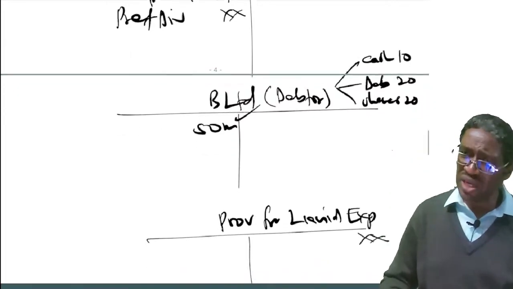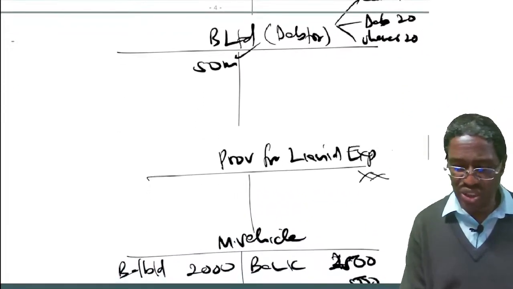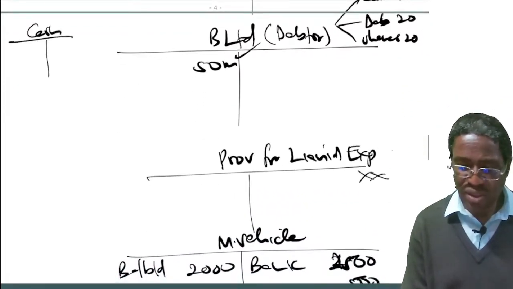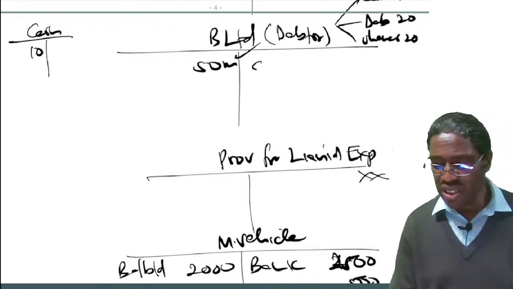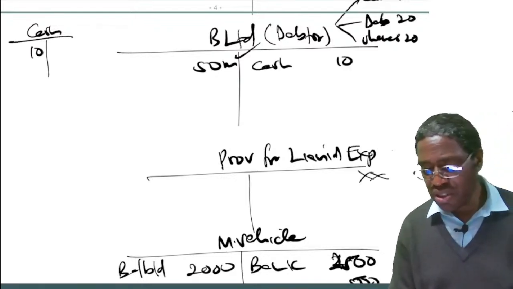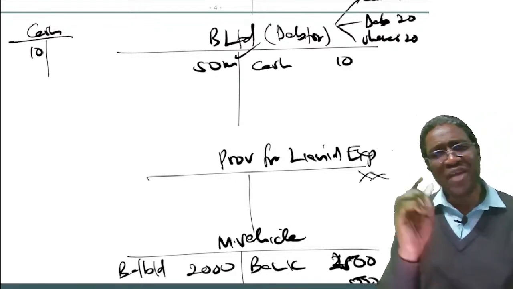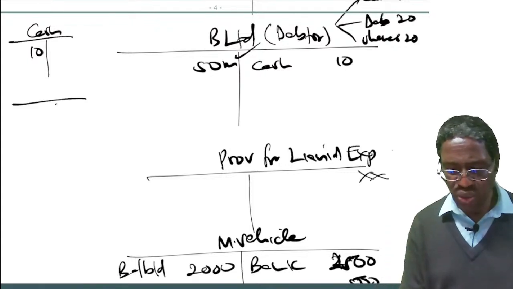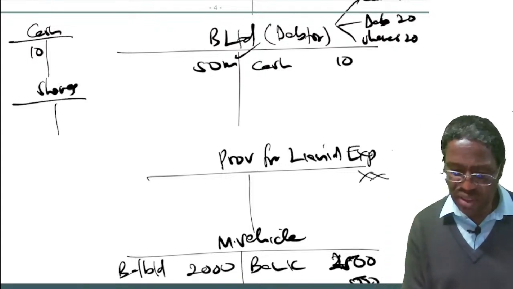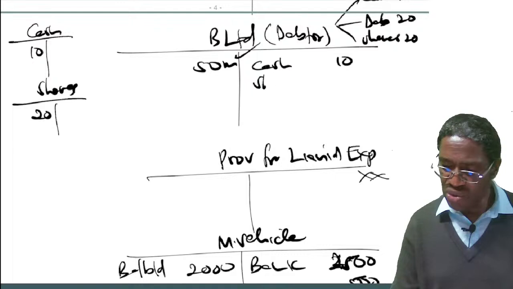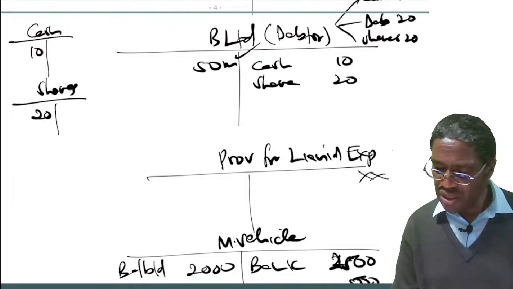If you are receiving cash, you will debit cash 10 million and credit the purchasing company 10 million. If you are receiving shares, you will debit shares by 20 million and credit the purchasing company 20 million.